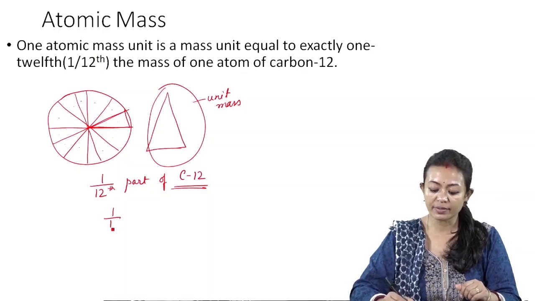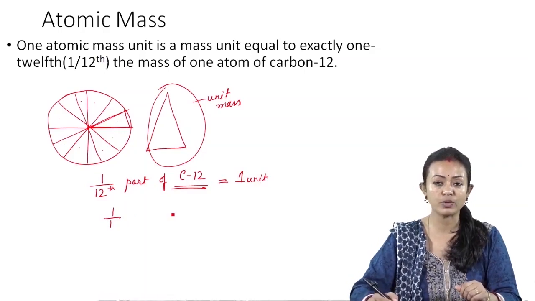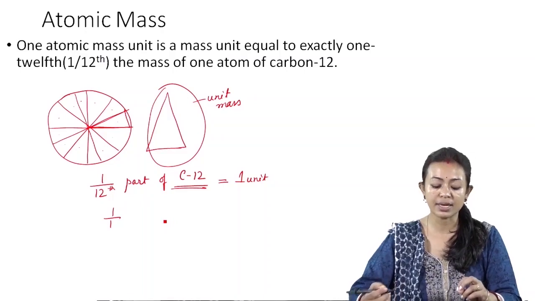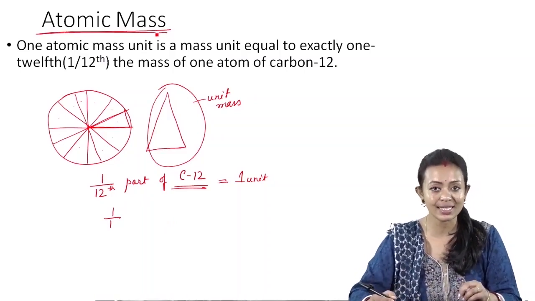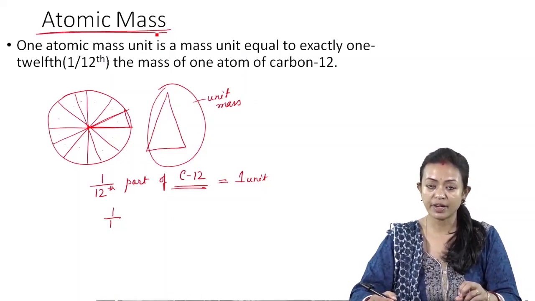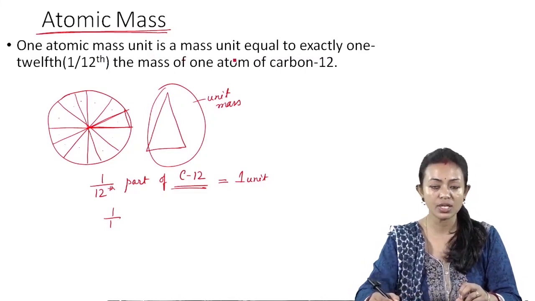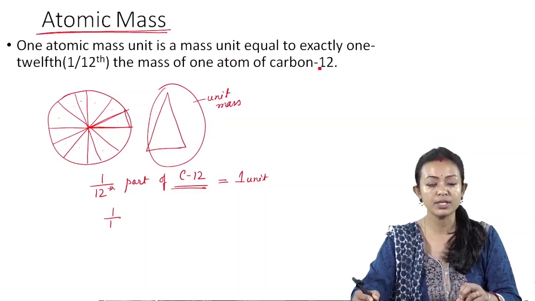So 1/12 of the carbon-12 isotope was equal to 1 unit, which they compared and found it to be equal to hydrogen. And thus came the concept of atomic mass, which was universally accepted by all scientists and chemists. So let me define atomic mass: one atomic mass unit is a mass unit equal to exactly 1/12 the mass of one atom of carbon-12.